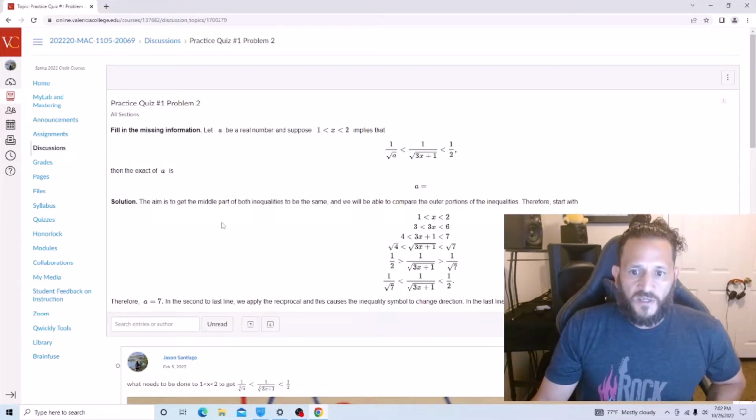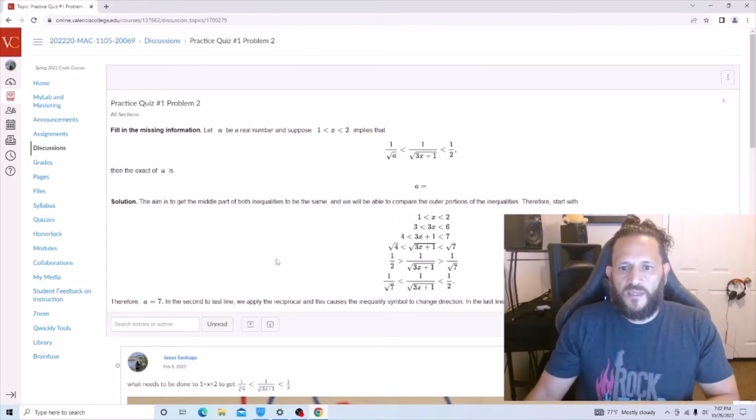With this being a practice problem, here's the solution. This is what you're going to get. You'll be able to look at it and try to figure out how they came up with the solution.